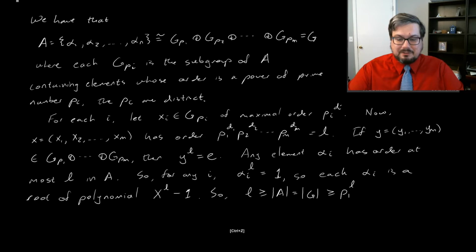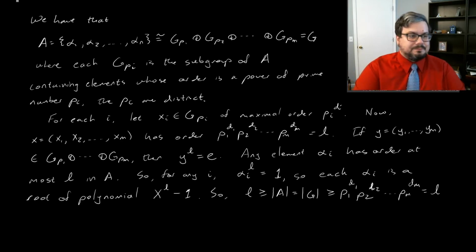So this is greater than or equal to p1 to the d1, which is the order of x1, times p2 to the d2, up through pm to the dm, which is L.